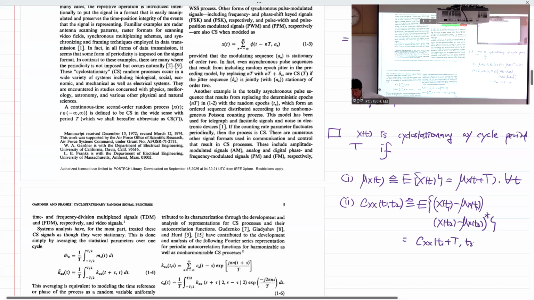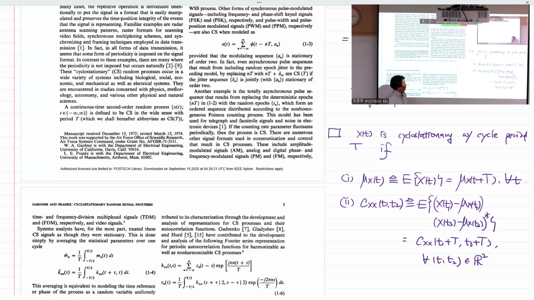This interesting property for all T1, T2 pair in R squared. Ready? So you have the first property, periodicity with period capital T, and second, a kind of periodicity of covariance function.